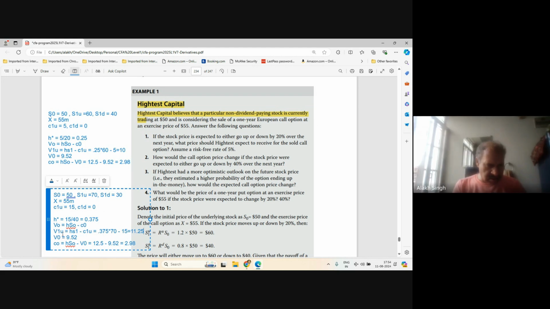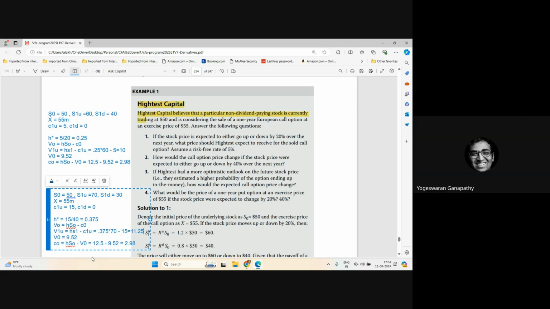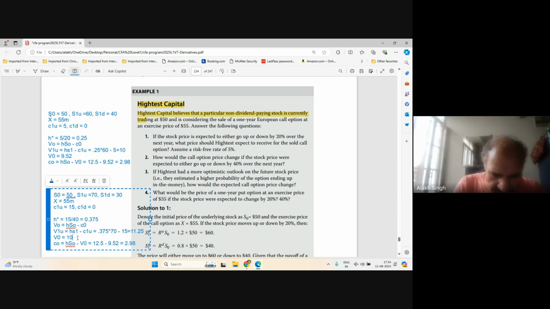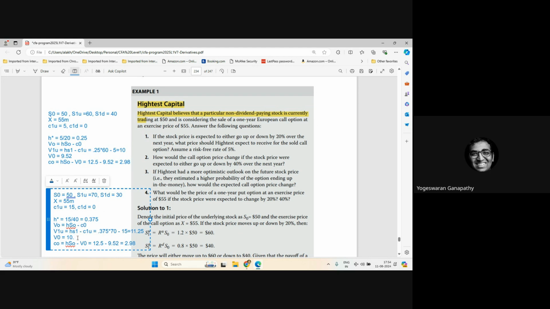V0 is discounted by 5%. Oh, I copied the wrong one.